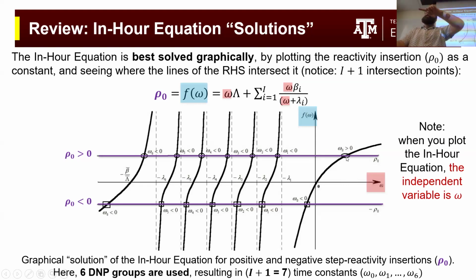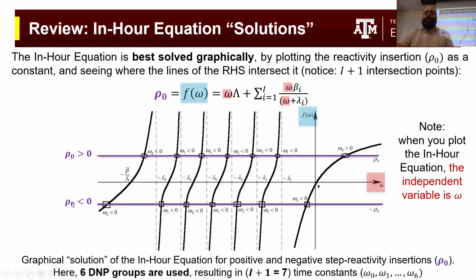If the reactivity insertion is positive, notice that the first I of these time constants are all negative, and then there's one time constant that is positive. It's the same: there's one time constant that has the same sign as the reactivity insertion.